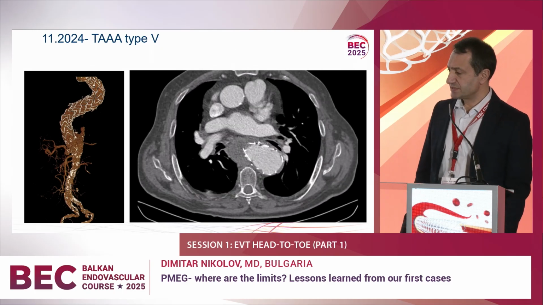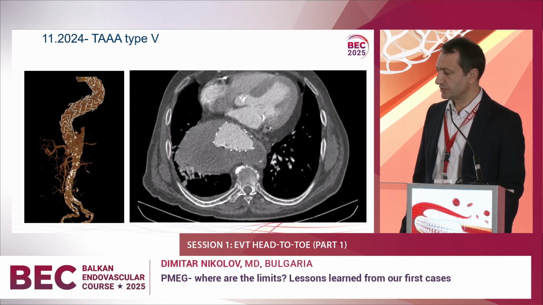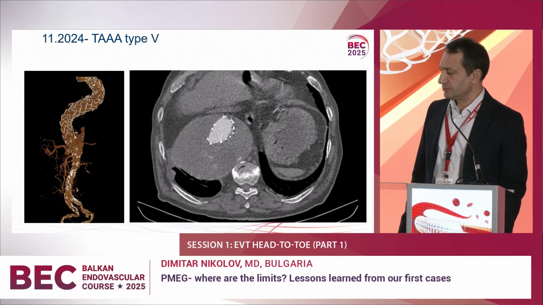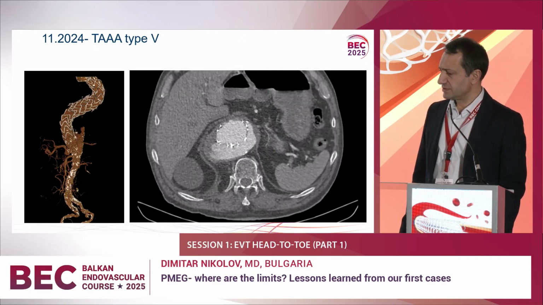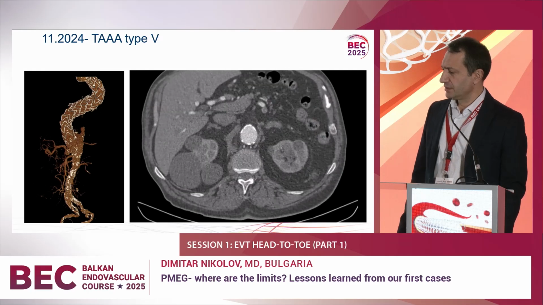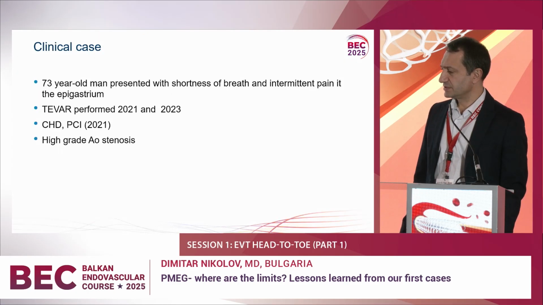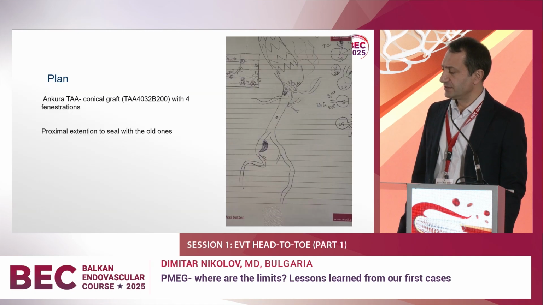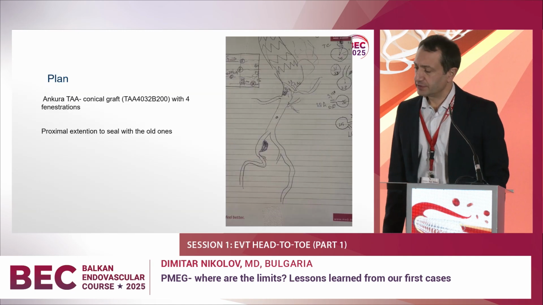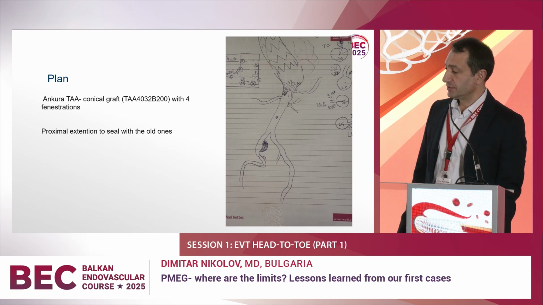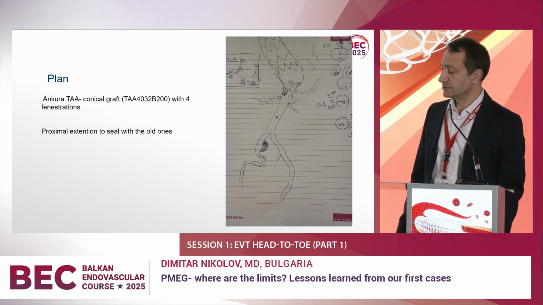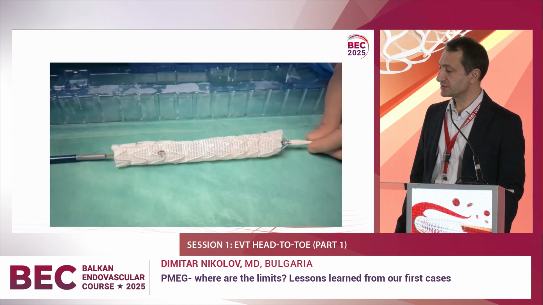This is a previously stented thoracic aorta with a huge aneurysm above the celiac trunk. We decided to use again an Ancora thoracic stent graft, a conical one with 4 fenestrations, and after that to put another proximal extension to seal with the old grafts.